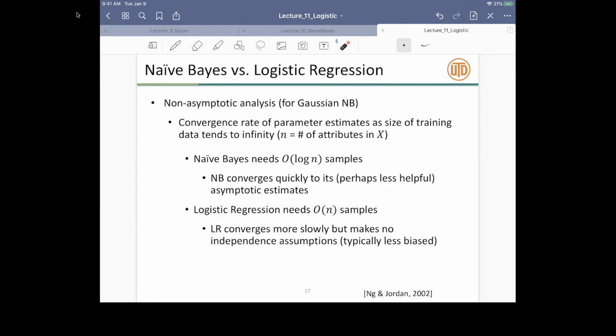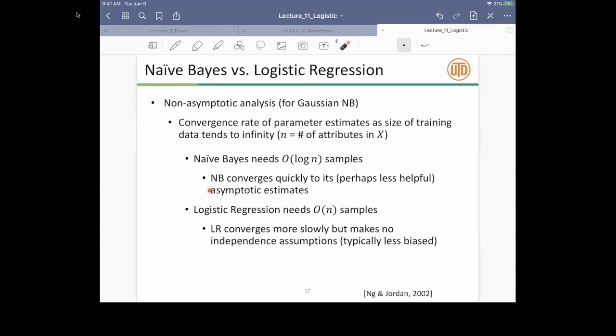And what they found is that in the case of naive Bayes, it requires on the order of log n number of samples. Essentially, it means that naive Bayes converges quickly to its asymptotic estimates with less data.